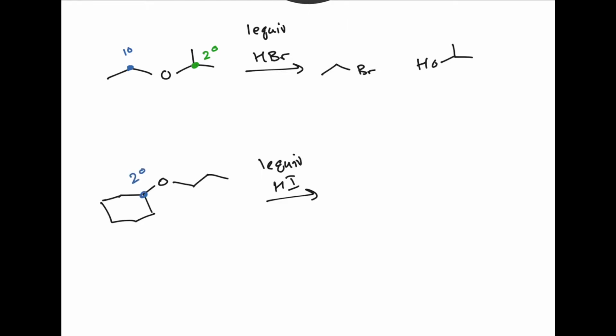This side is secondary. This side is primary. So I'm going to add my iodide to the primary side. Since this is Sn2, you always end up with your halide on the least substituted carbon of your ether.